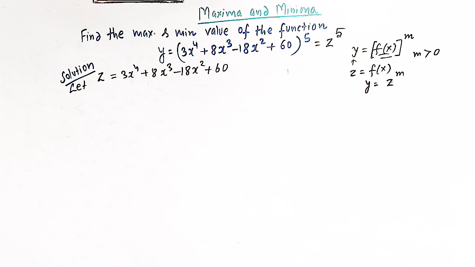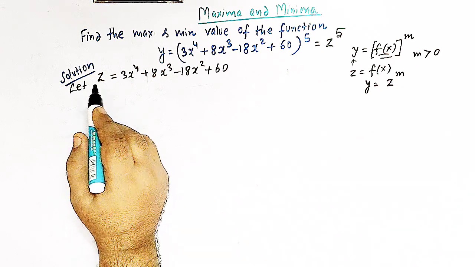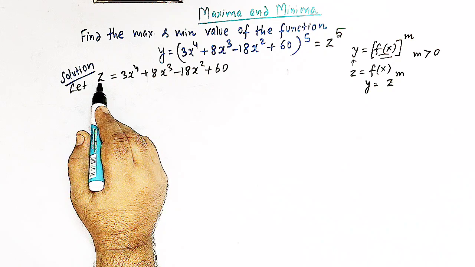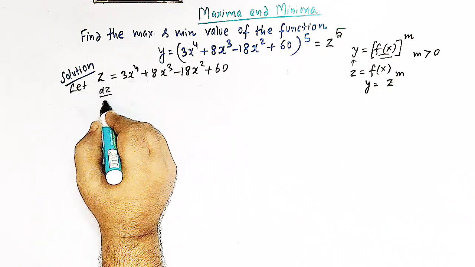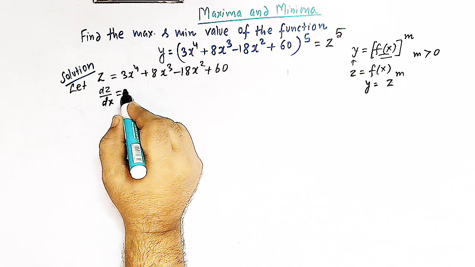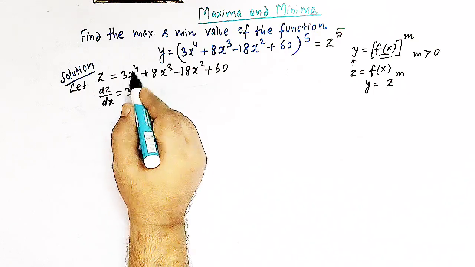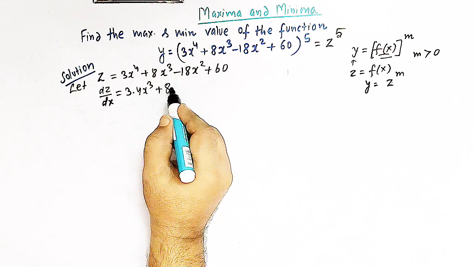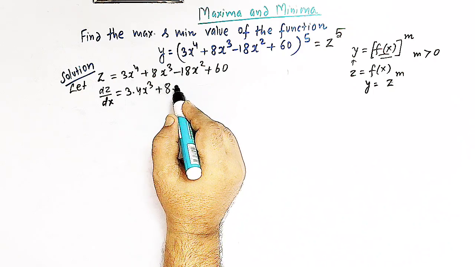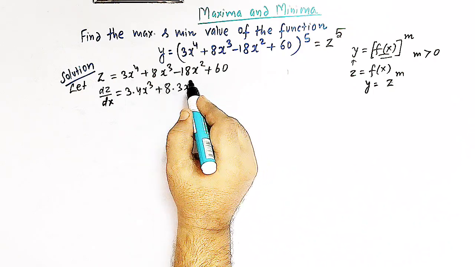And here I will make use of the second derivative test. So let us first differentiate z with respect to x. dz/dx is given by 3 times the derivative of x^4, which is 4x^3. Then here we have 8 times the derivative of x^3, which is 3x^2.